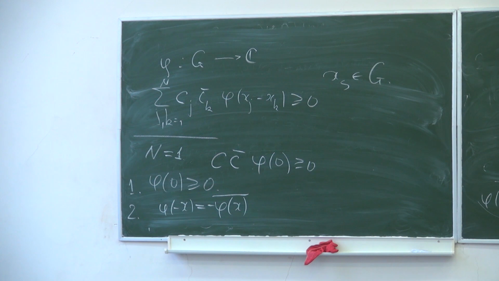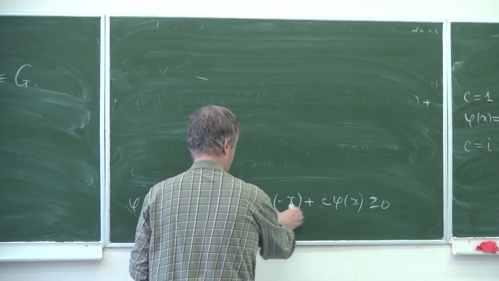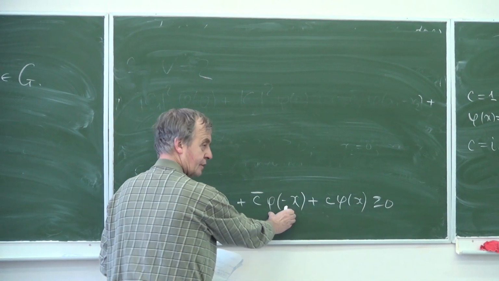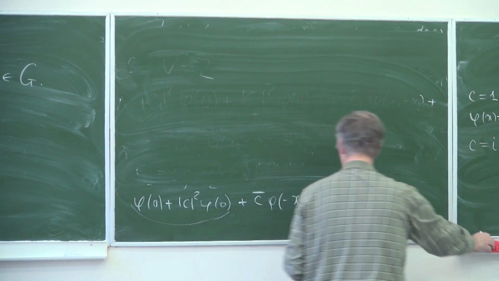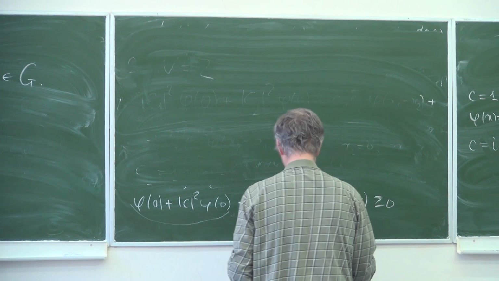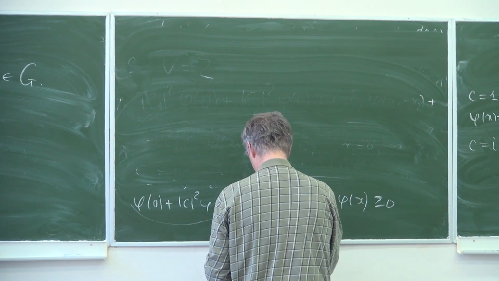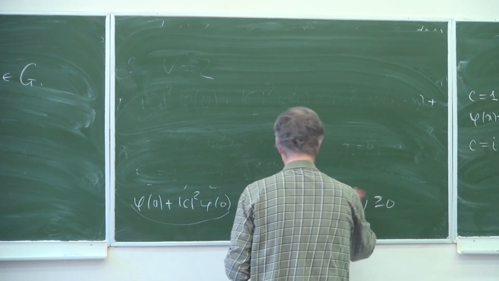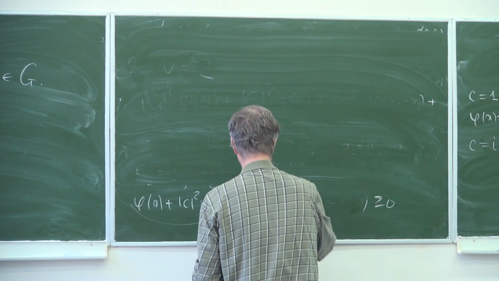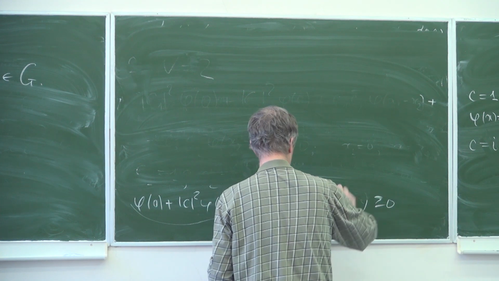And now let's look at this quantity. These two guys are complex conjugate. So here we have, in fact, the real part of C phi of x.